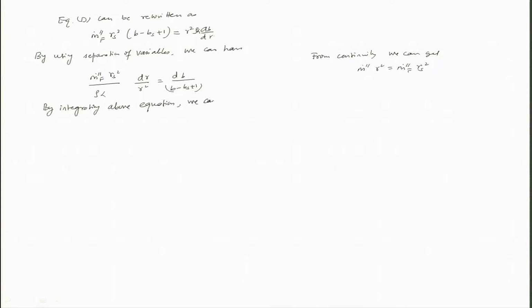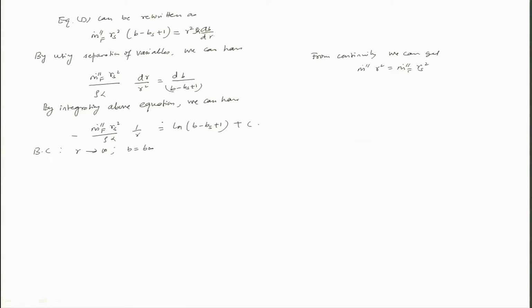We can have alpha 1 by R is equal to ln of B minus Bs plus 1 plus C, and we will have to apply the boundary condition. That boundary condition we are having, R tending towards infinity, B is equal to B infinity.